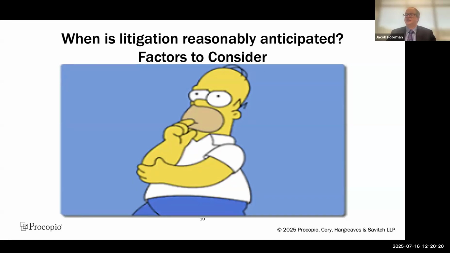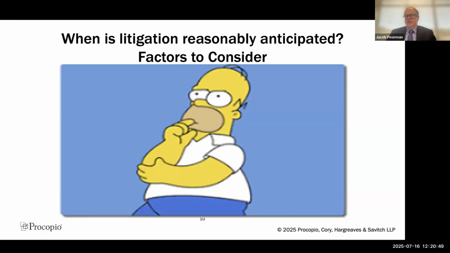A complaint that is more realistic or more specific is more likely to put a company on notice that litigation is likely. The party making the claim. Is this a business entity that the receiving party has a lot of transactions with? Is this a random, third-party complaint from an anonymous individual?